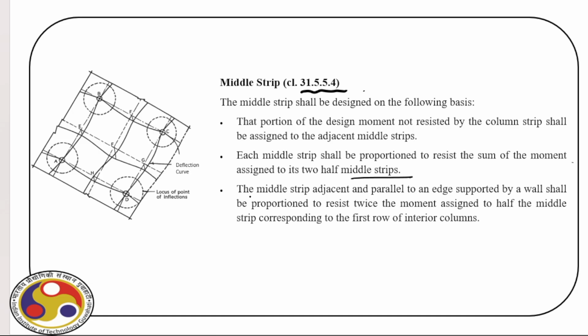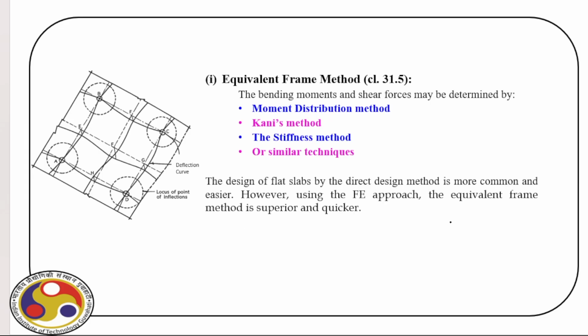And then finally, the middle strip adjacent and parallel to an edge supported by a wall shall be proportioned to resist twice the moment assigned to half the middle strip corresponding to the first row of interior columns. Right? Okay. So now comes the equivalent frame method, which is given in clause number 31.5.